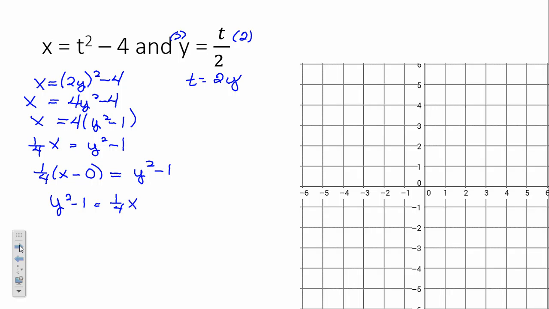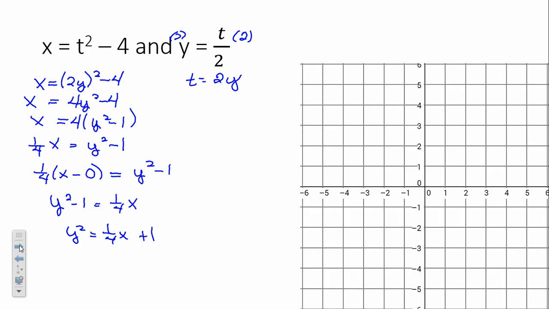We're used to having our 4p on the right-hand side, okay? And that -1 is on the other side. So y squared equals 1/4 x minus 1 plus 1 when it goes to the other side, okay? So what was our vertex? 0, 1. Should be 0. It should be -4, 0.